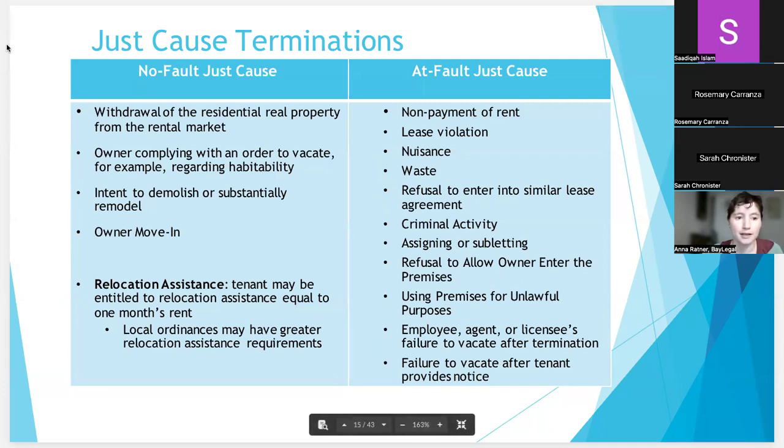In the case of a no-fault termination, the tenant is usually entitled to relocation assistance. The landlord either has to give them 1 month's rent or forgive their last month's rent.